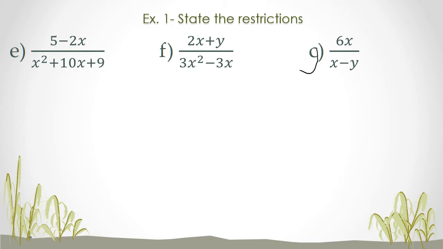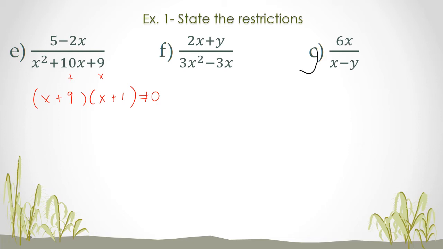So I'm going to factor this. How you factor, it's completely up to you. So I'm just going to stick to this is a simple trinomial, and we want two numbers to multiply to this and add to this. So x plus 9, x plus 1, and we don't want that to be 0.